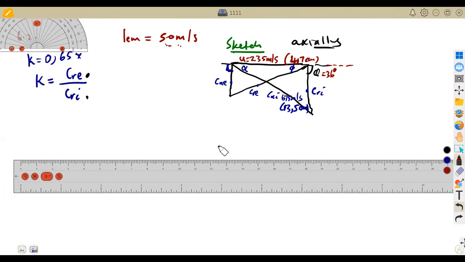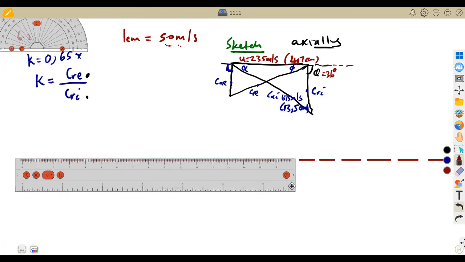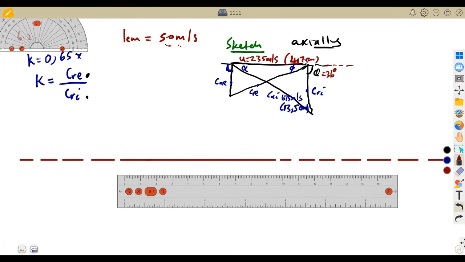I do not need to have this too big; this can be my reference line. The rest of the line you can present as a broken line. On this reference line, we are going to measure 4,7 centimeters for the blade velocity.